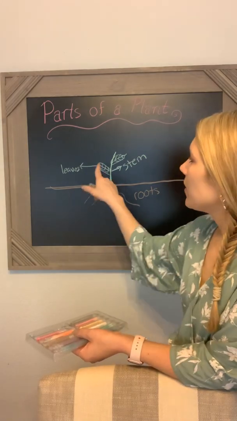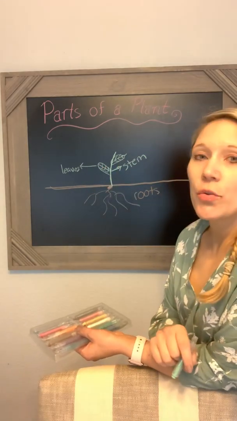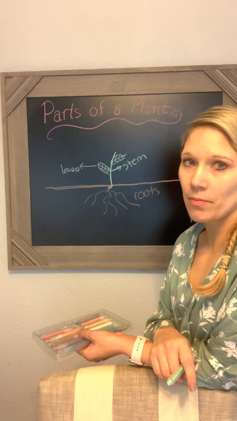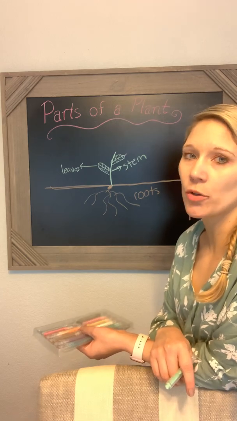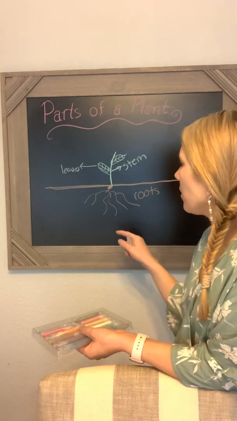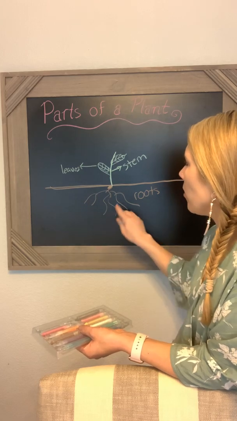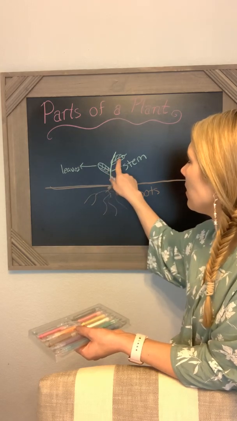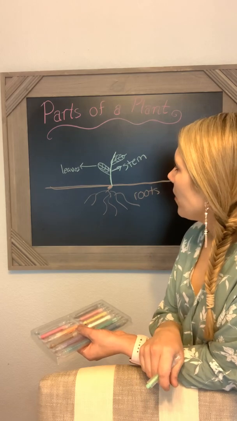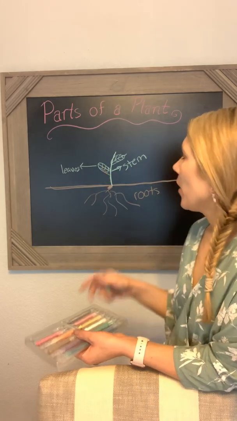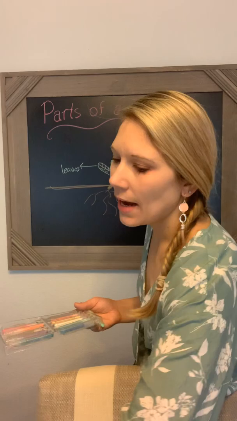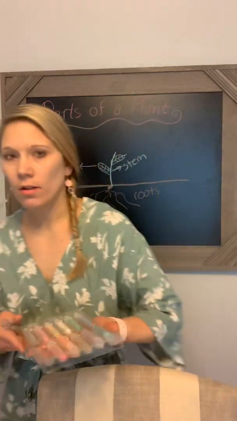So the leaves, they're going to trap the sunlight and make it into food for the plant to grow. And the water and nutrients from the soil travel up the stem and go up to the leaves. And these leaves are trapping the sunlight and making it into food for the plant.